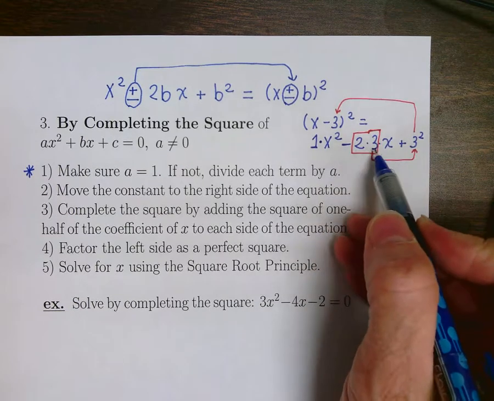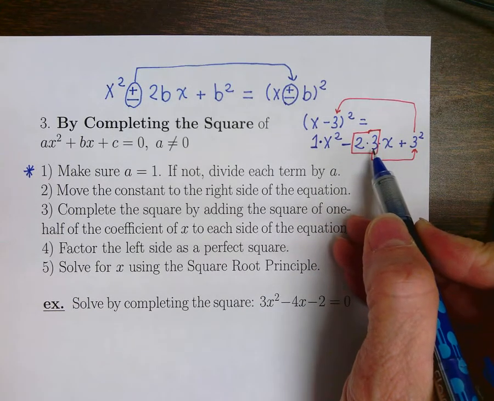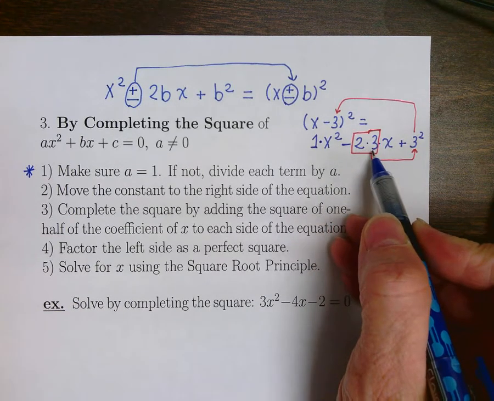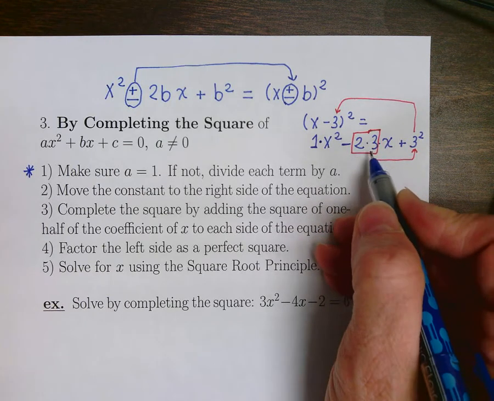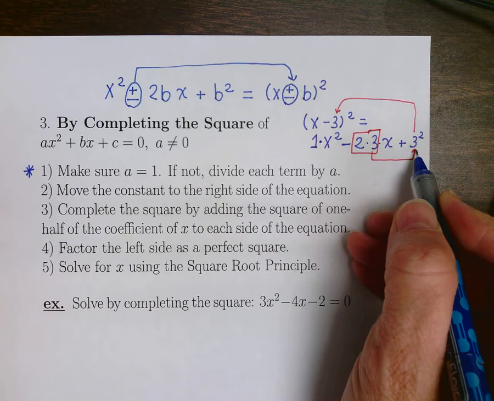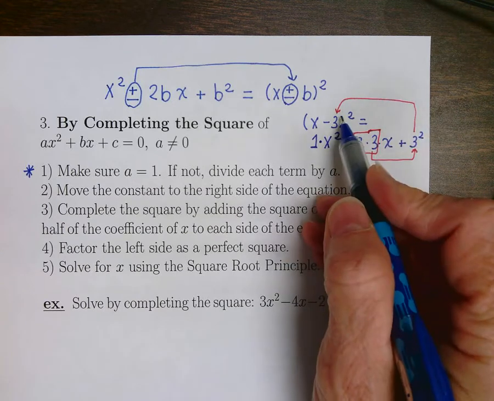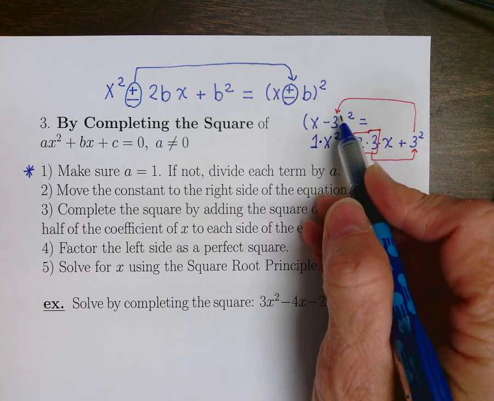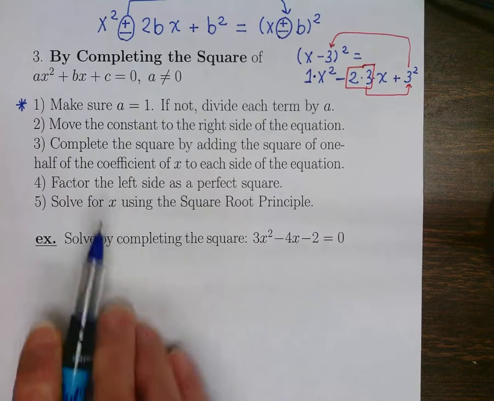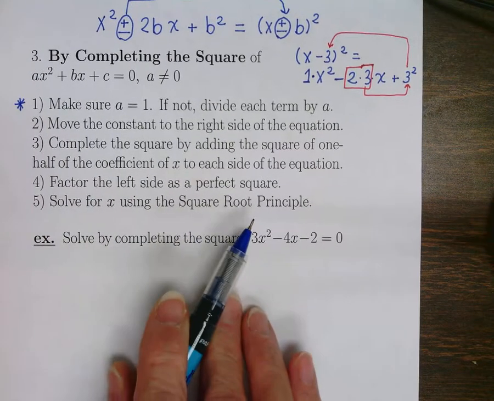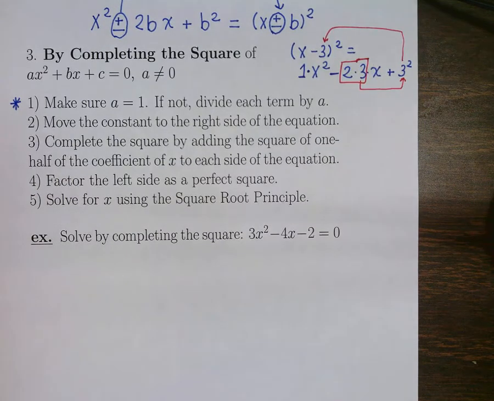You take whatever the middle term is that you have, divide by 2, because notice it was half. This was 6x. It was half of that that we square and add to get a quantity which we can then factor as a perfect square. And once we have the left-hand side as a perfect square, then we can use the process that we saw in the previous example, the square root principle.